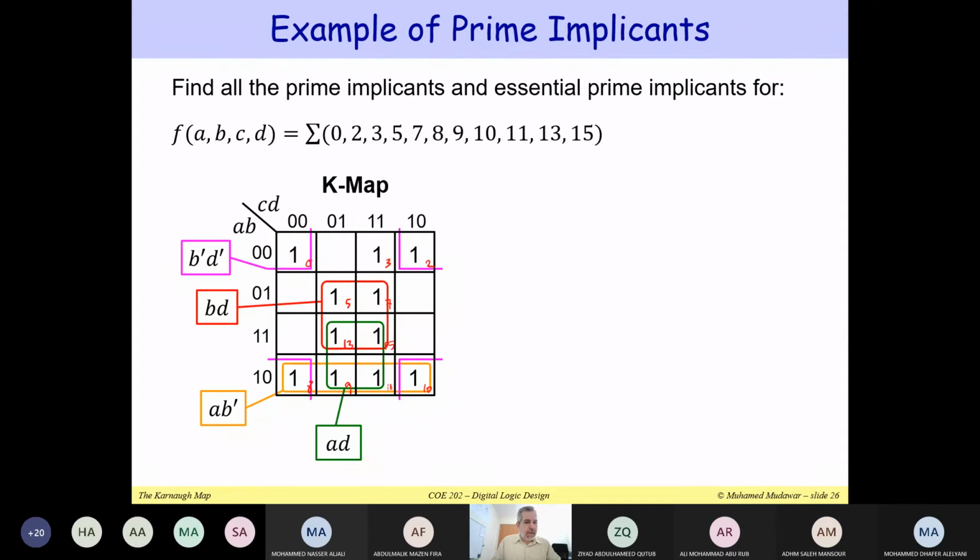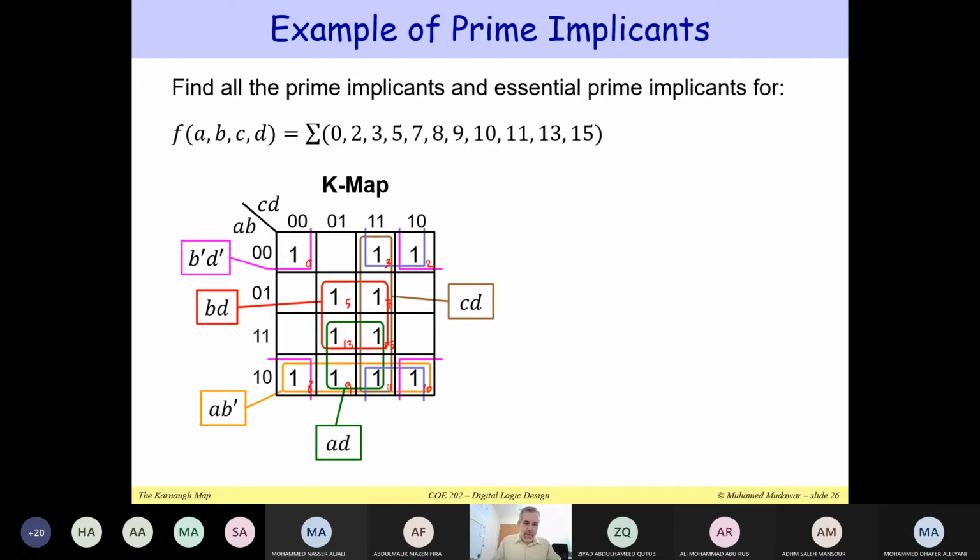Yes. Somebody mentioned these four, 3, 7, 15, and 11. What's the term? CD. Yes. You can read it directly from the Karnaugh map. C is equal to 1, D equal to 1. So that must be CD.